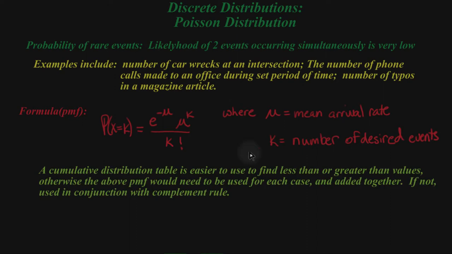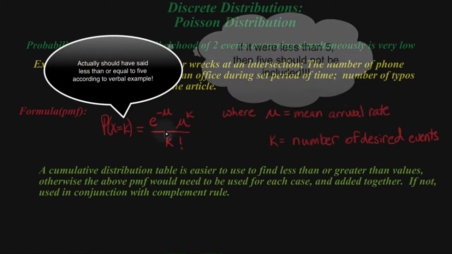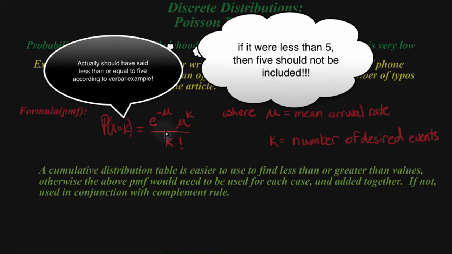So a cumulative distribution will be used often to find the less than, greater than, less than or equal to, or greater than or equal to scenarios, especially if k is really high. It doesn't make sense to do 0 plus 1 plus 2 plus 3 plus 4 all the way up to 5 for this formula if you want less than 5, when you can just look it up on a table.